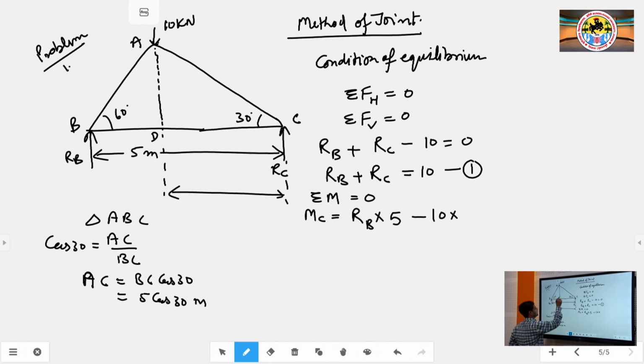Now you have found the AC. Now, again this is triangle ACD. It is also a right angle triangle.